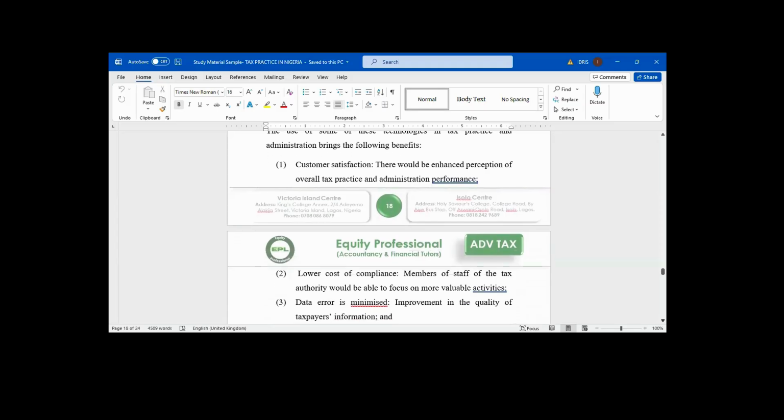Another one, low cost of compliance. Using this new technology, like using social media to disseminate information, will reduce the cost of your compliance. Using Tax Promax to file your tax return will reduce the cost of your compliance.